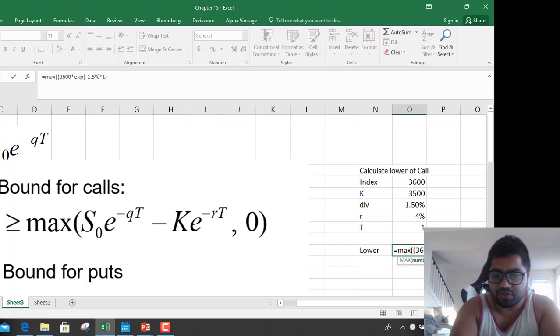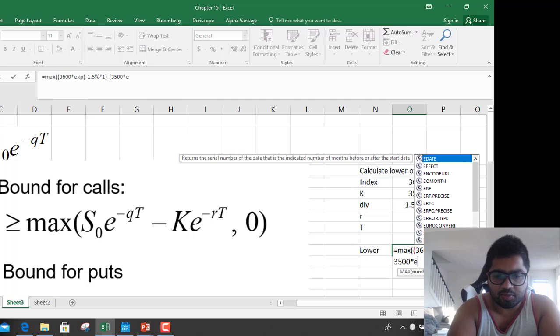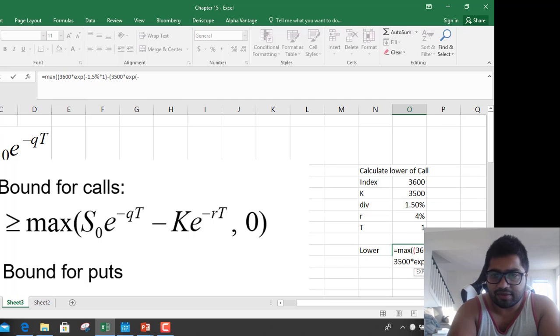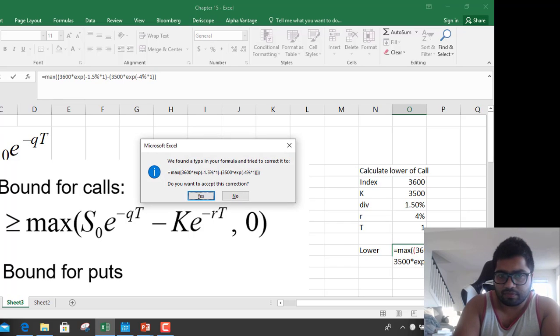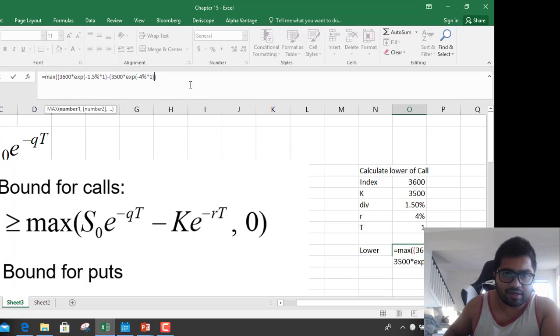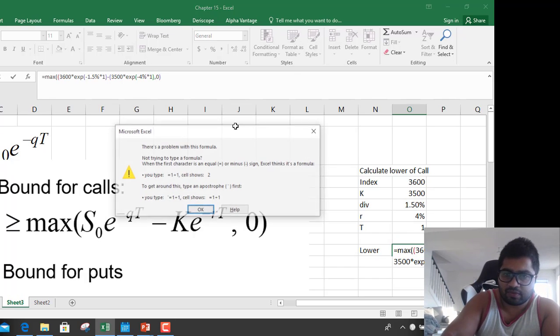This is the first thing, and you have to subtract K, which is 3500, into exponential of negative risk-free rate 4% times T, which is 1. Now this was the first bracket. You also have to add 0, so it is max of this thing, comma, 0.